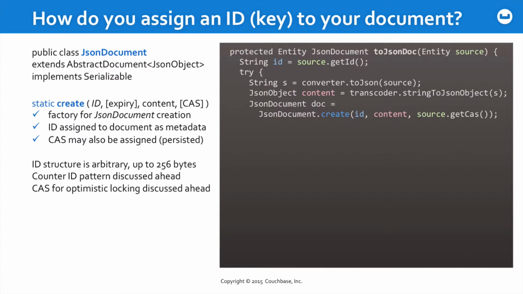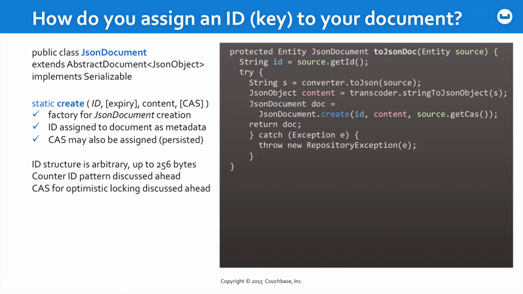And then that object is passed along with the ID that you've extracted from this object or generated in some other manner. How you go about that is up to your own art and science. You pass those values to the create method. In this case, we're modeling also an entity that stores its CAS value within it, as shown in the lab code, and those values become part of the document. And that conversion then returns the document to whatever code needs to pass it along to Couchbase.